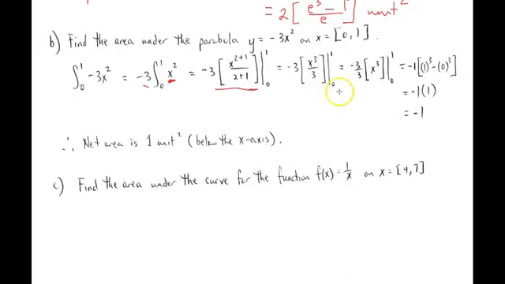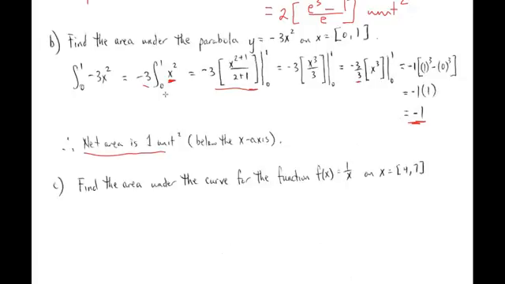We're going to evaluate that from x equals 0 to x equals 1. And of course, I came here and just factored out the 1/3 so that I know that that's -1. And I plug in 1 for x here, minus, and then plug in 0. And we see that we finally end up with the answer of -1. So the net area under the curve of -3x squared from 0 to 1 is just 1 square unit.